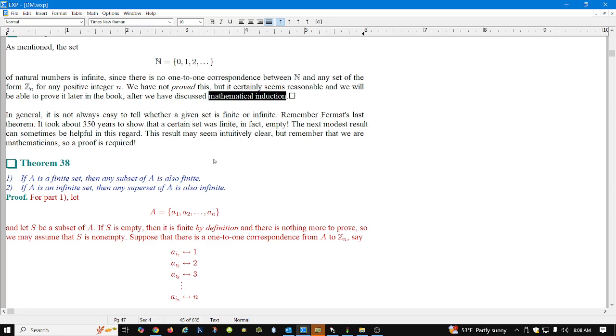And it took 350 years for the mathematical community to actually prove that. So for that 350 years, nobody knew whether that set was finite or infinite or empty in particular.